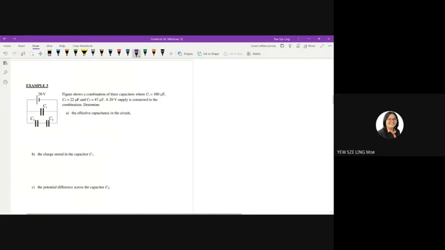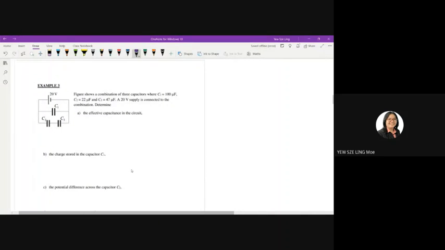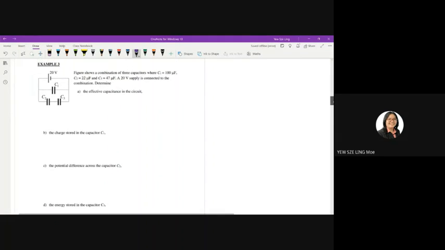So how are we going to solve example 3? The figure shows a combination of 3 capacitors where C1 equals 100 microfarad, C2 equals 22 microfarad, and C3 equals 47 microfarad.